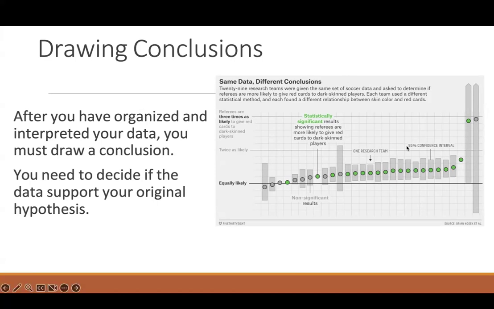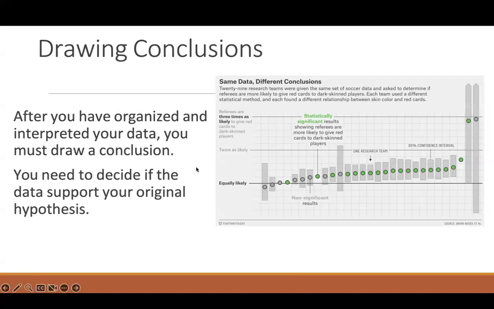So in this picture, this graph, it says 29 research teams were given the exact same set of soccer data and asked to determine if referees were more likely to give red cards to darker skinned players. Each team of researchers used a different statistical method, so a different way to make meaning out of that data. And each found a different relationship between skin color and red cards.